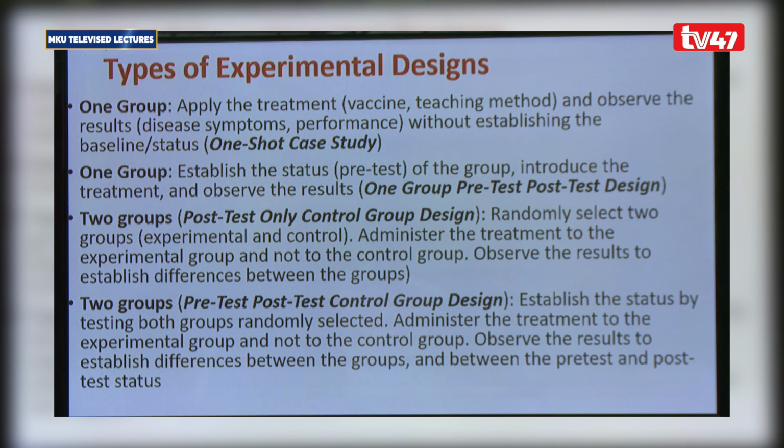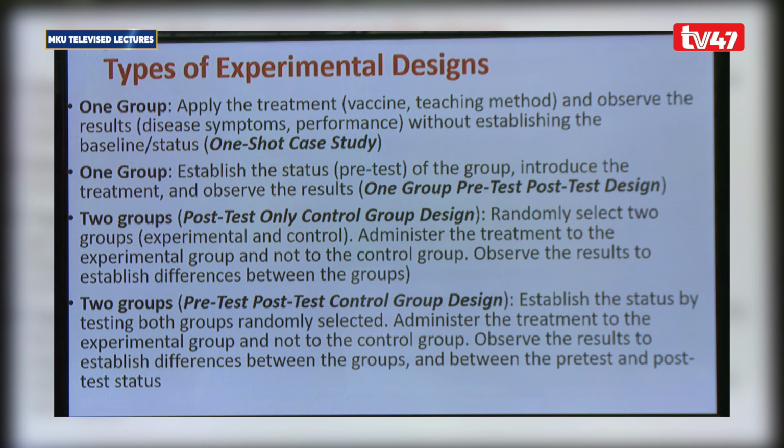This study is limited in the sense that you did not have an understanding of how this group was before you applied the treatment. But it can tell you something, that if you apply that intervention, something changes.